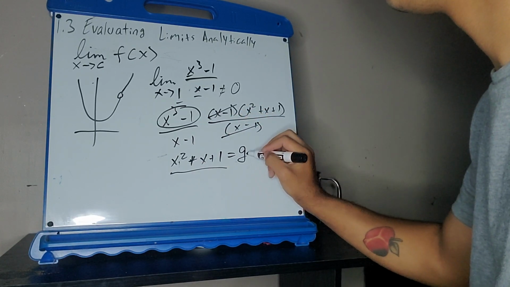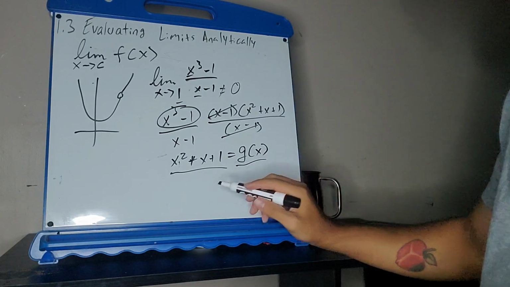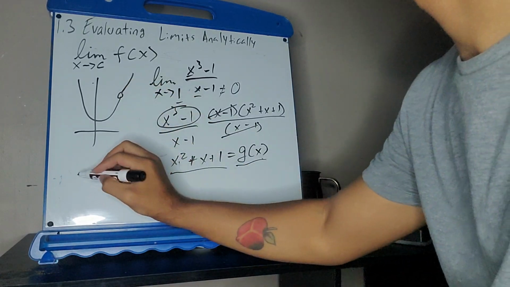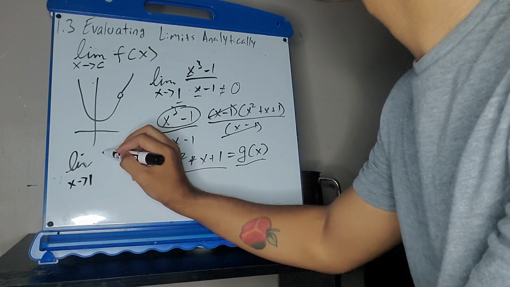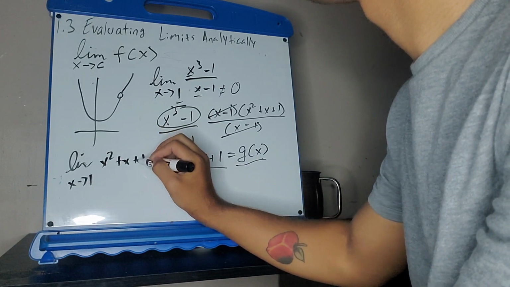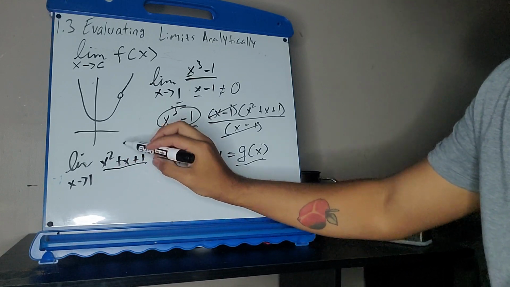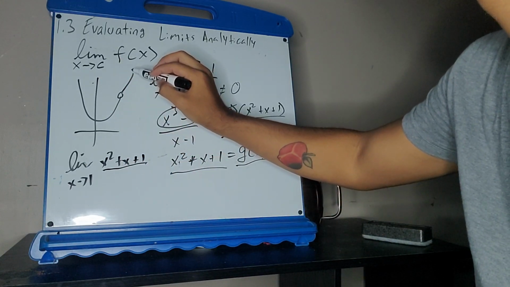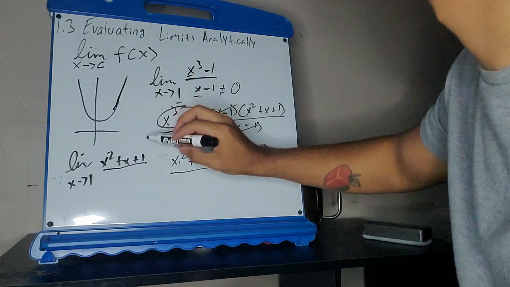However, they can be described as function g of x. In this function, if we evaluate the limit as x approaches 1, we will see that there is no point on this graph on which the interval breaks.